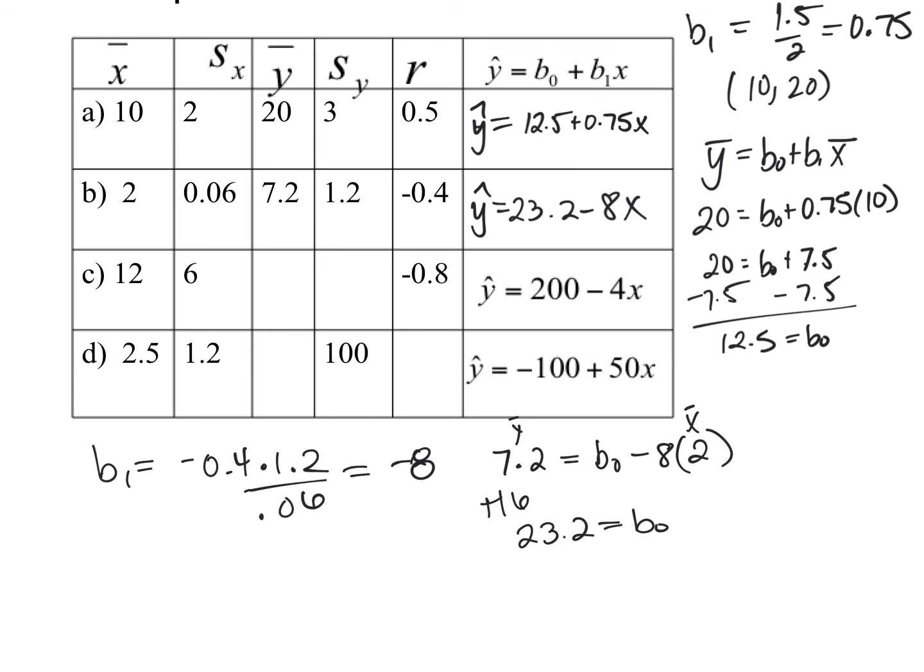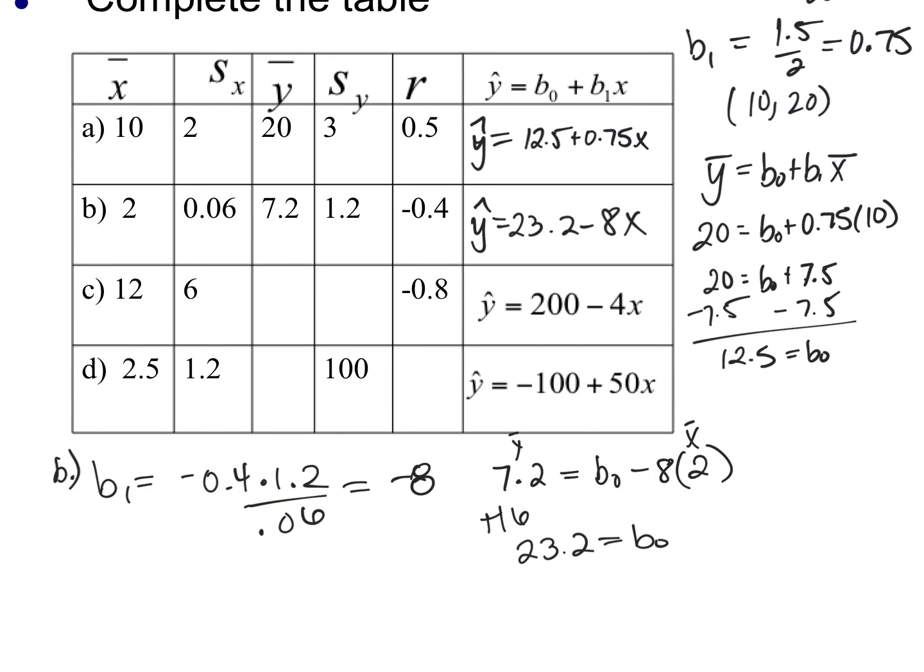All right, so part C. What if I know some of the information, but not all of it? Can I find my standard deviation of y? Can I find the mean of y if I have the information I'm given here? All right, so let's talk first about the mean of y.